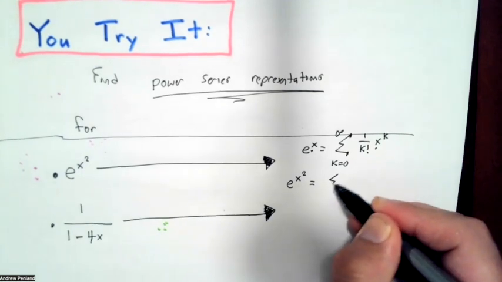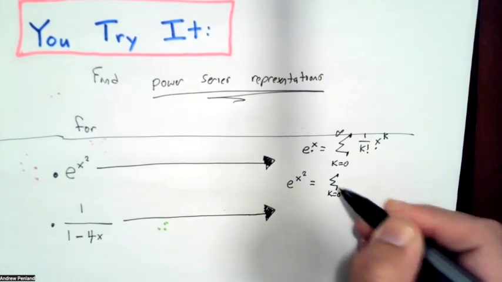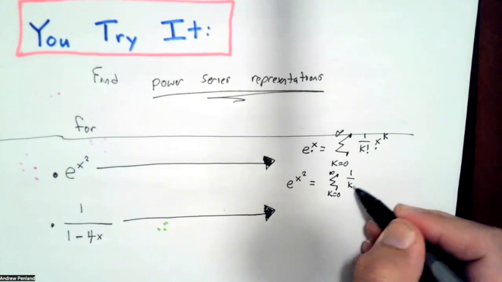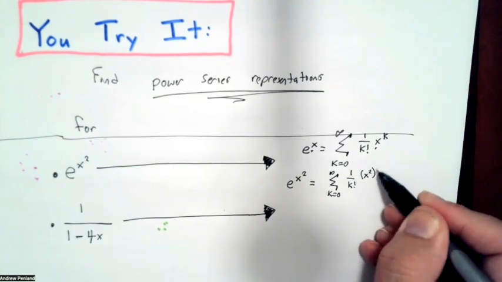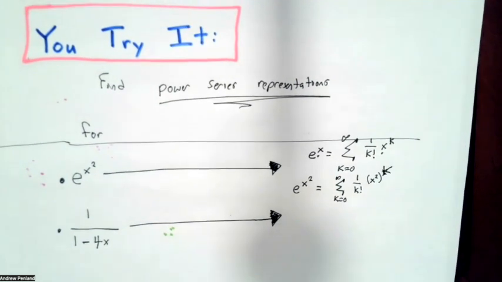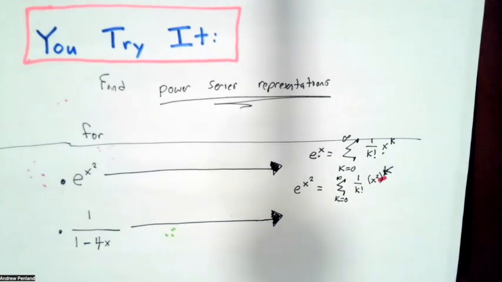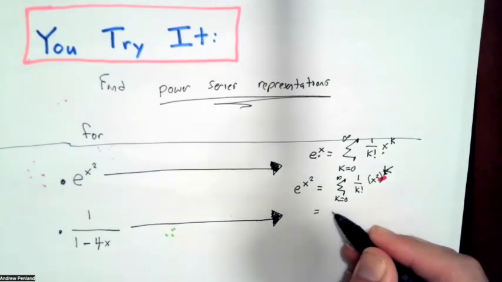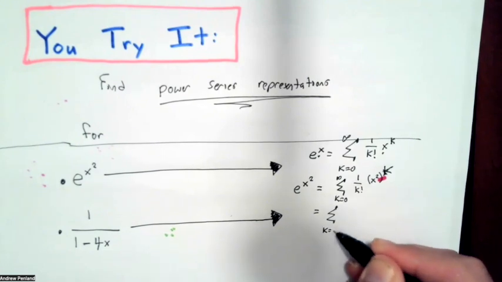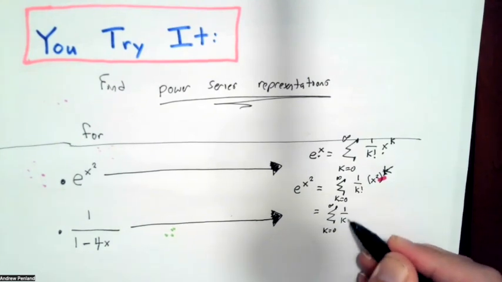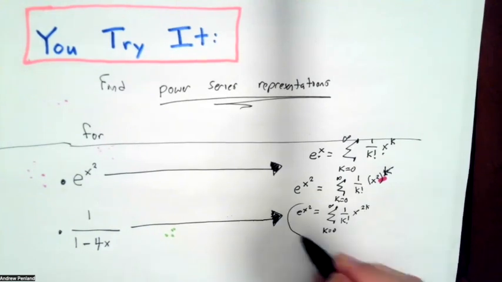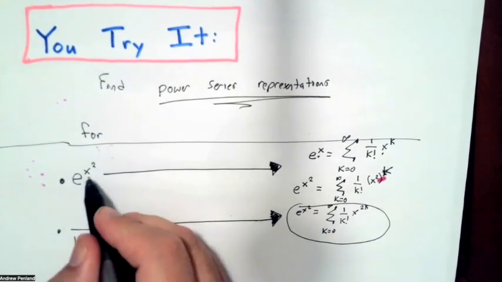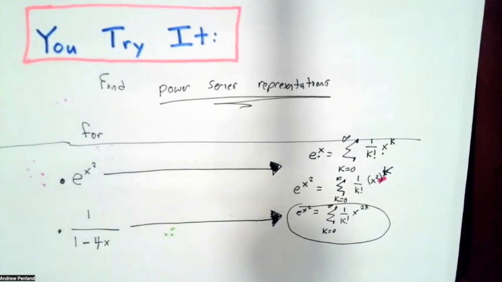So this would become the sum from k equals 0 to infinity of 1 over k factorial (x squared) raised to the k. And now I can make the 2 and the k play together nicely. So what this will become at the end of the day is the sum from k equals 0 to infinity of 1 over k factorial x to the 2k. So the whole key is to just replace the input variable with whatever you had before.